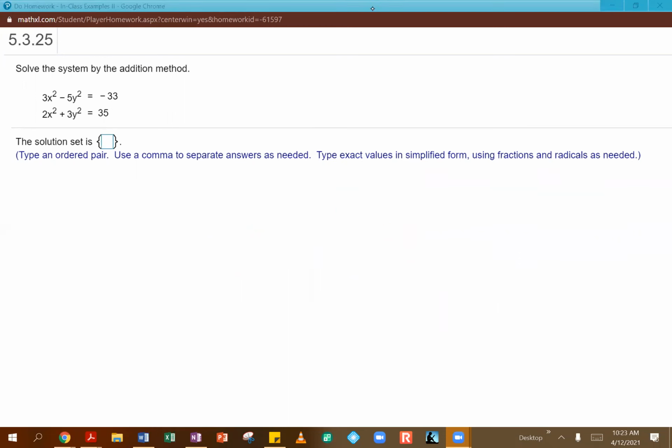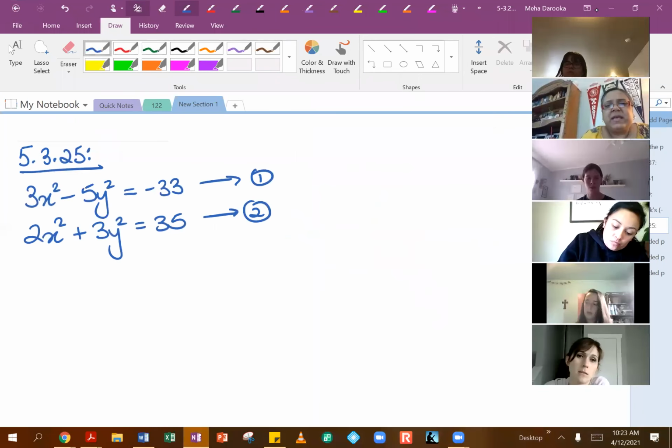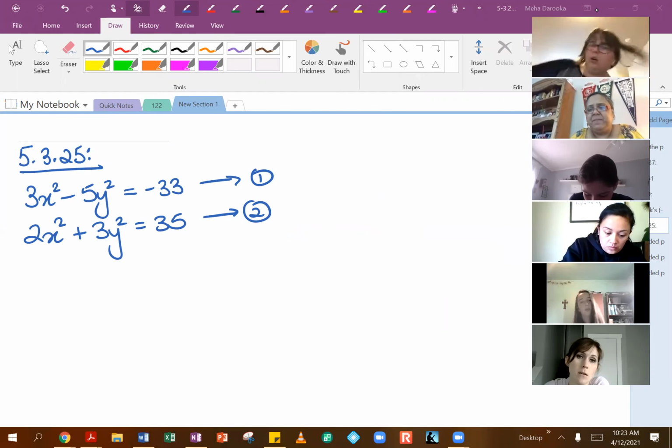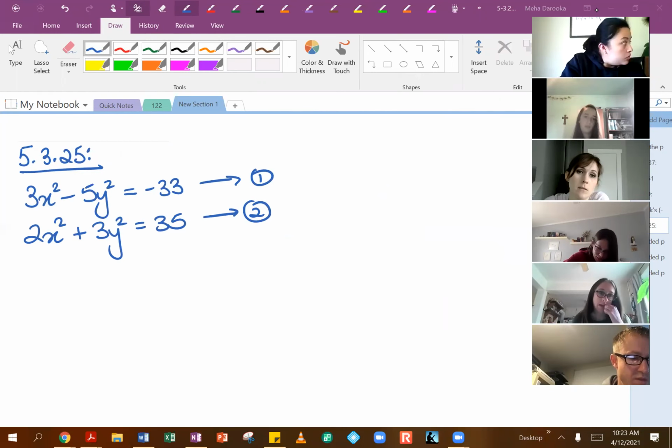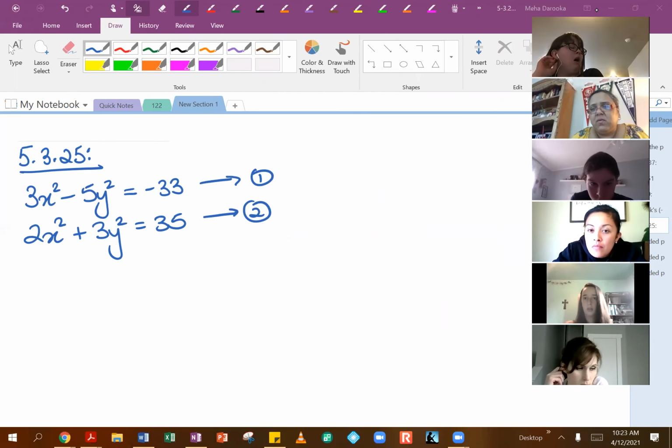So let's go ahead and break this down. Looking at these two equations, any thoughts on how you would want to solve this? Would we want to do substitution, or would we want to try and do addition? Because remember, graphing is never reliable, so we don't want to do the graphing method.